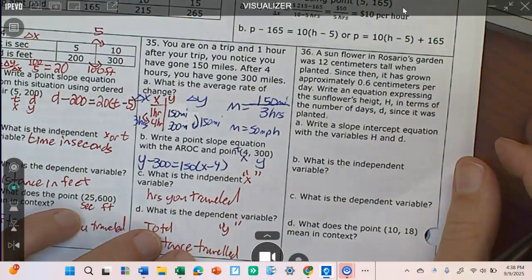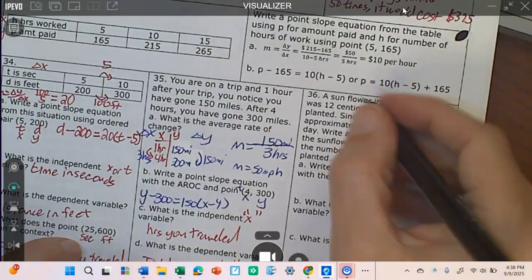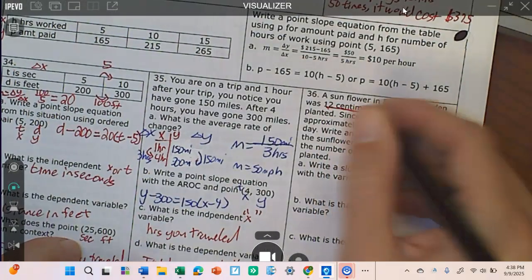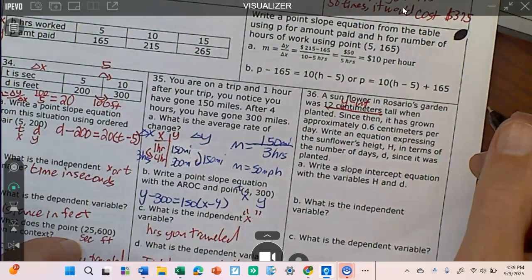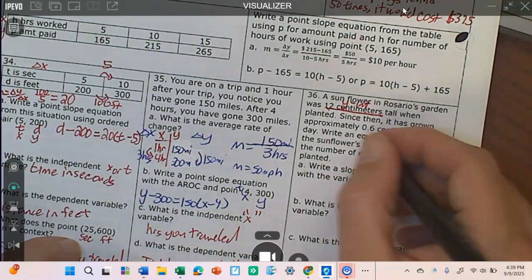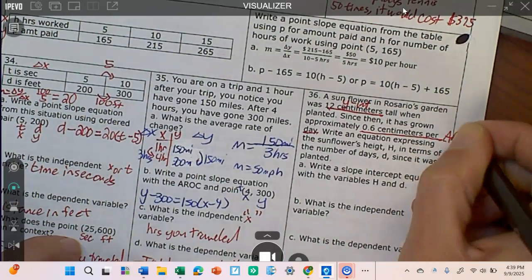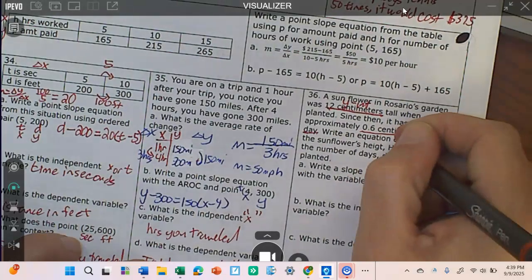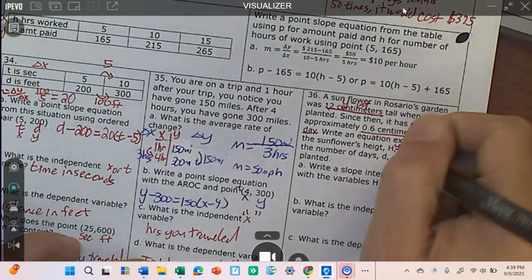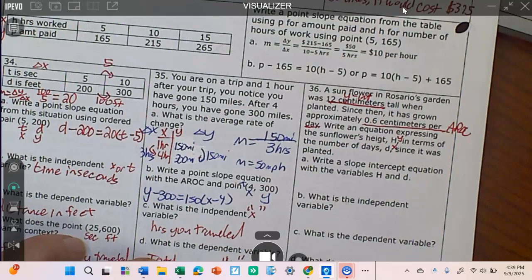Okay, a sunflower in Rosario's garden was 12 centimeters tall when planted, so that's B, the y-intercept. It has grown 0.6 centimeters per day, so that's the rate of change. Okay, write an equation expressing the sunflower's height h, which is basically y, and the days since it's been planted, that's basically x.